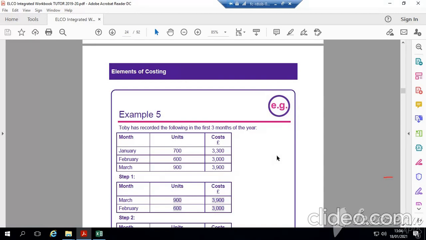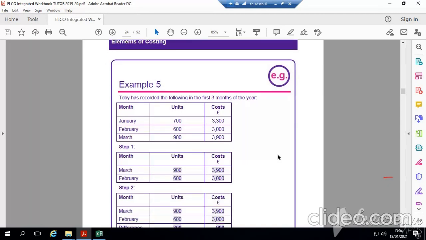If we look at example number 5, Toby has recorded the following in the first 3 months of the year. We have January, February, March, the number of units they made, and costs.